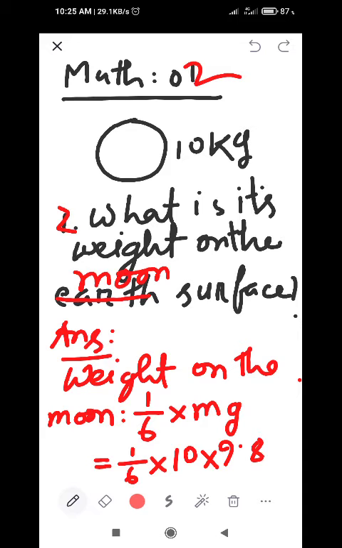What is the calculation please? 16.3 Newton. Okay, thank you.